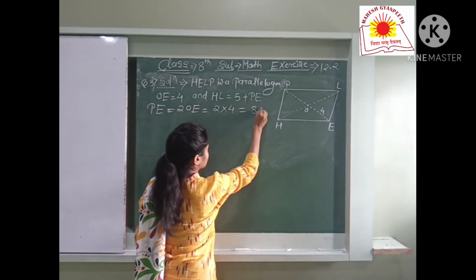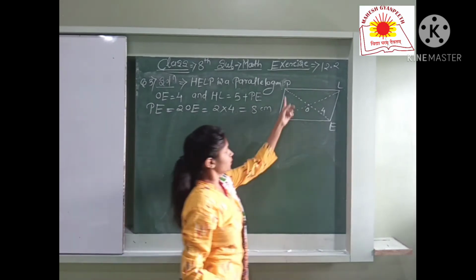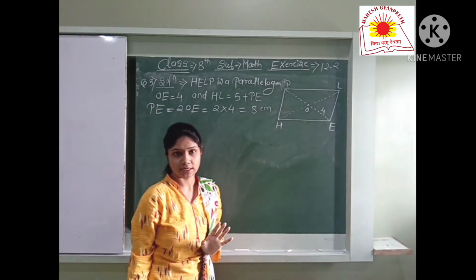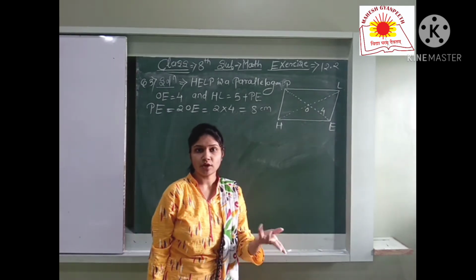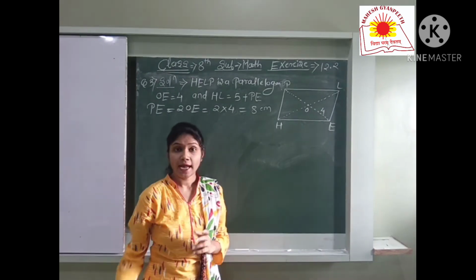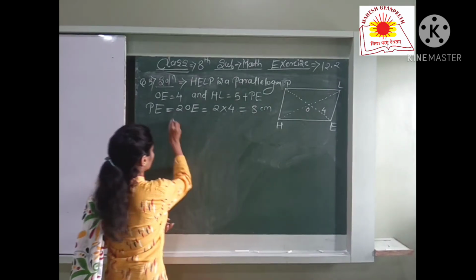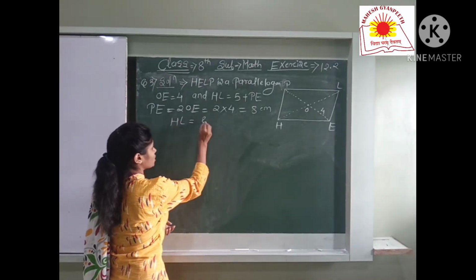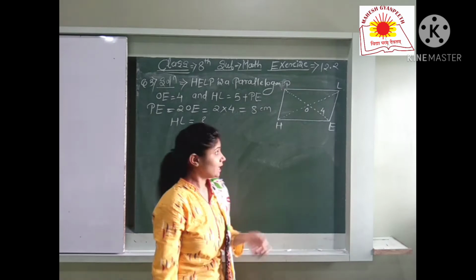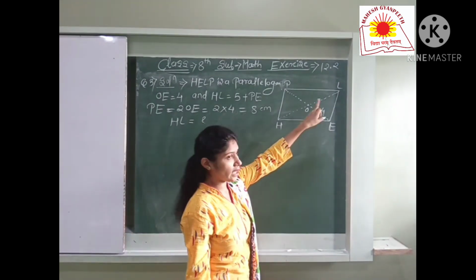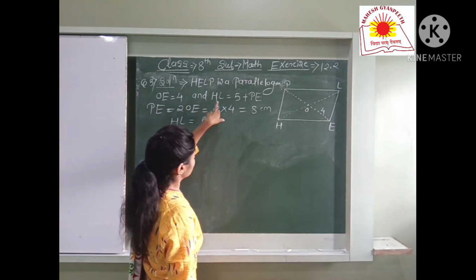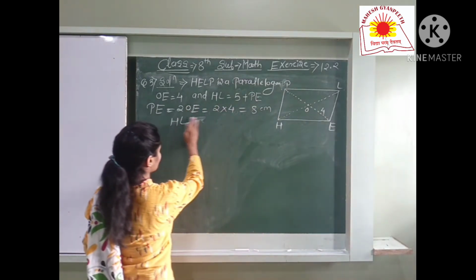So PE is 8 centimeters. Now you have to find the value of HL. In this question, find the value of HL. HL is a question mark. Then how to find out HL? See, student, you have to know the value of OL. What is the value of OL? Sorry, not HL.